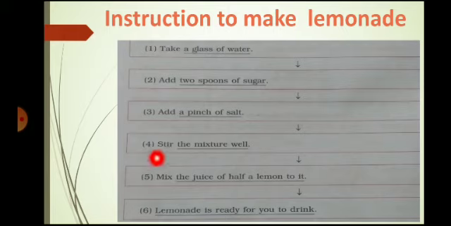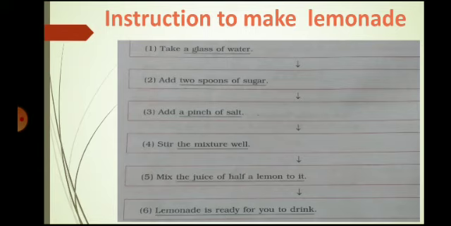And then the fourth number is stir the mixture well. So we have to stir the mixture so that sugar and salt will be melted in the water. And the fifth one is mix the juice of half a lemon to it. After that again you have to stir and see your lemonade is ready for you to drink. So these are the instructions to make the lemonade.